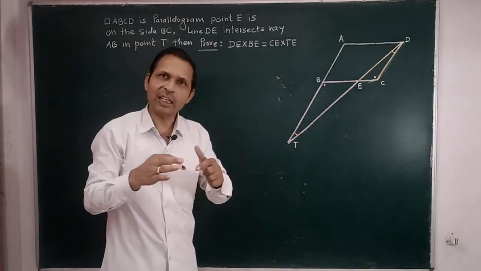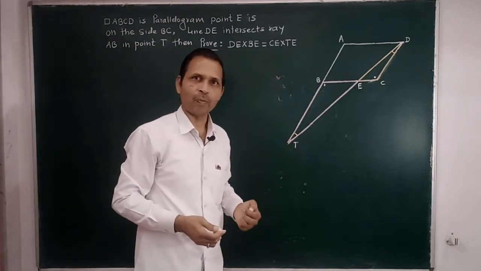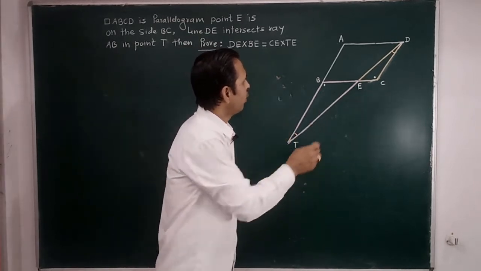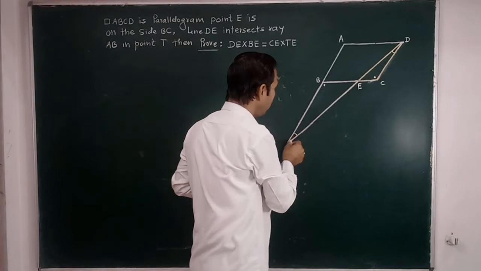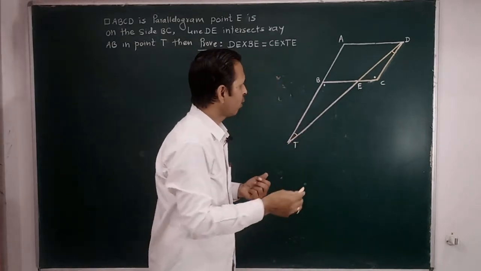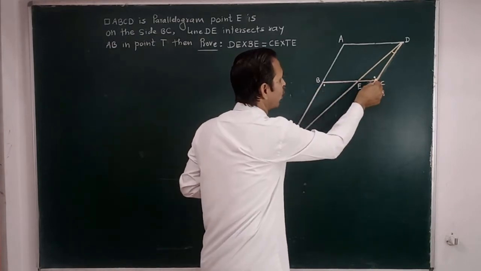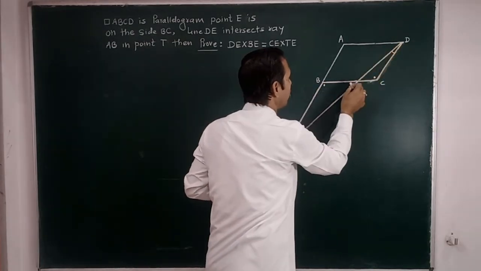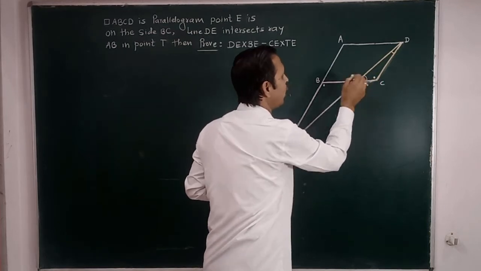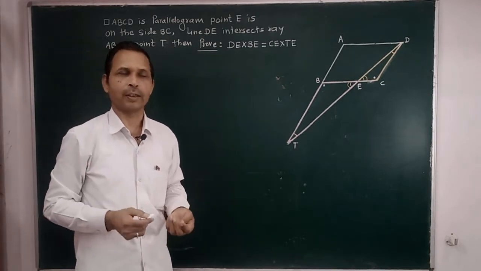Now if you change the transversal, the angles change, and again you observe that in triangle BET only two angles are sufficient. Angle BET is congruent with angle CED because these two are vertically opposite angles, and vertically opposite angles are congruent.